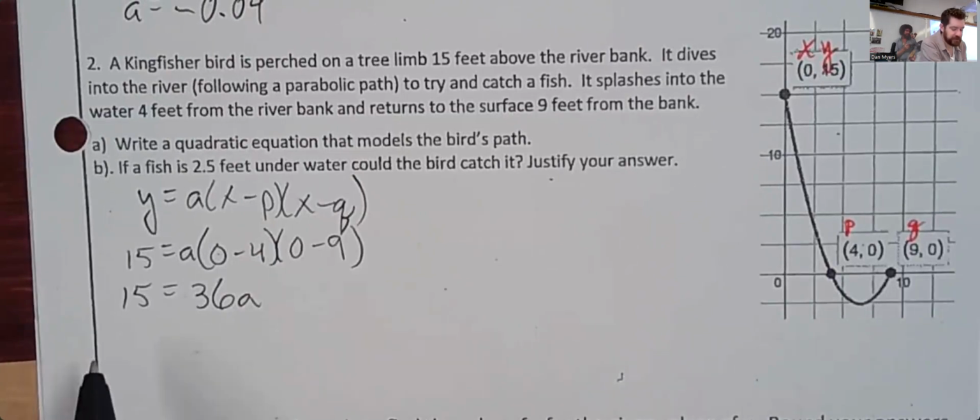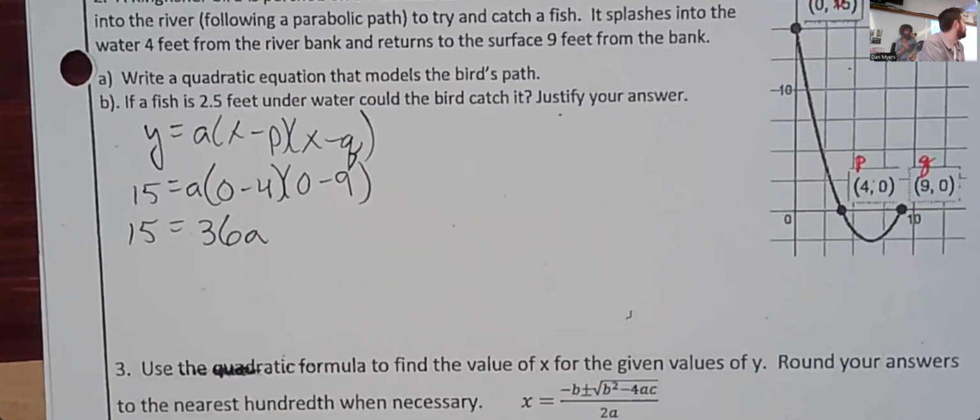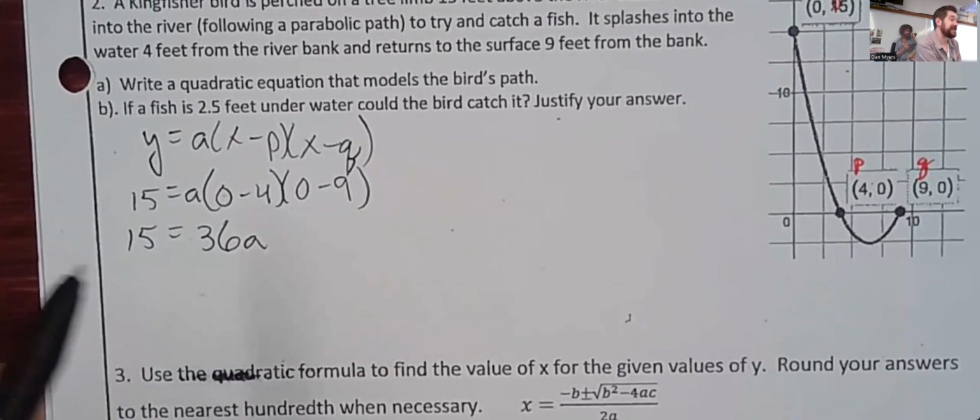Although, one second here. Yeah, that was good. So, somebody have it? 5/12, good. 15 divided by 36 does not make a nice decimal, and 15/36 can be reduced.